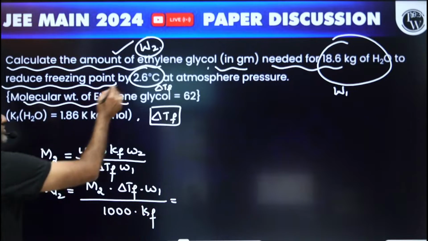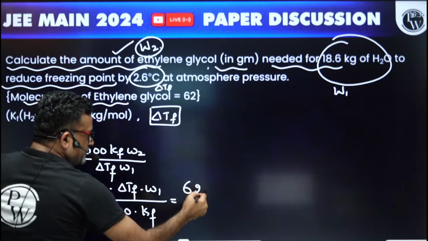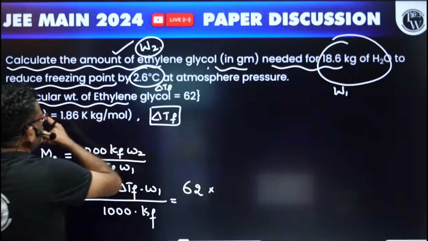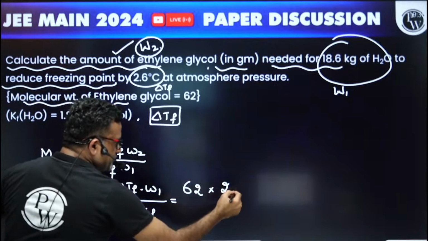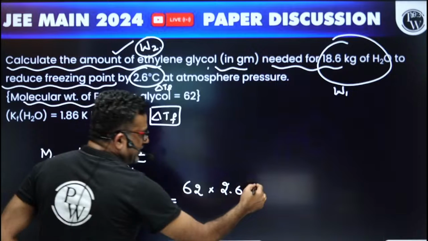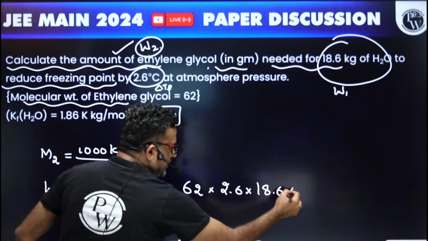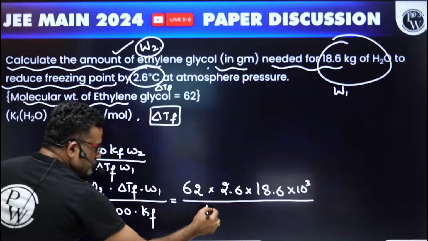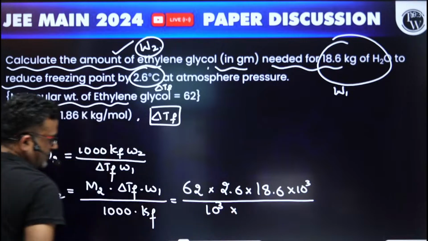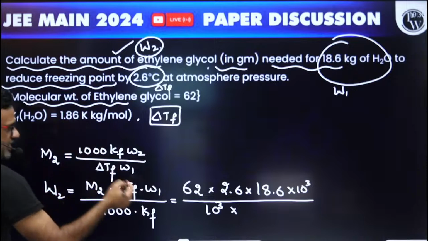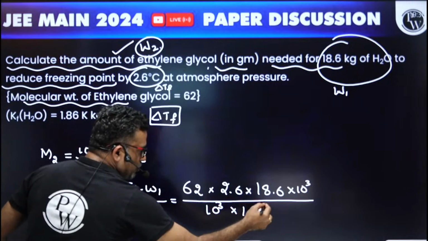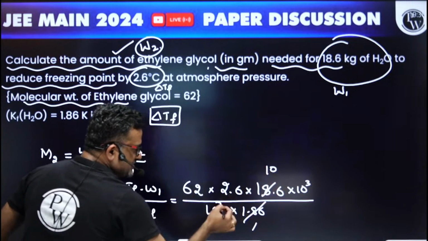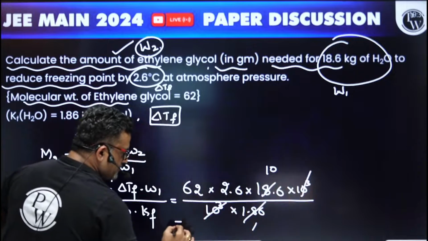Your molecular mass of the solute is 62. Your delta TF is 2.6. Your W1 is 18.6 kg, that is 18.6 into 10 raised to 3 gram, divided by 1000. Your Kf is 1.86.